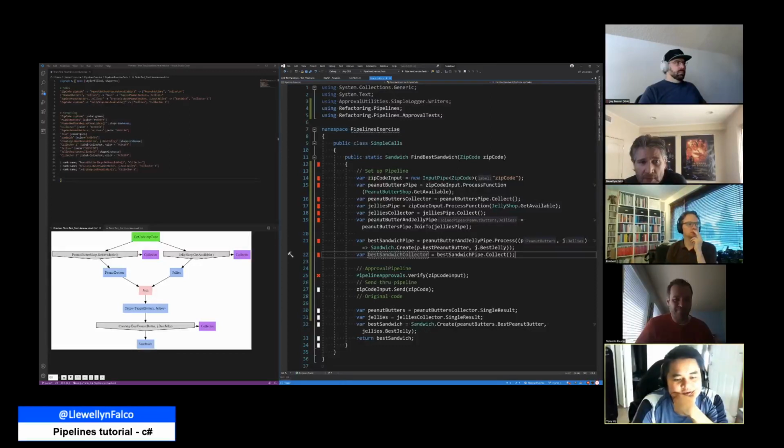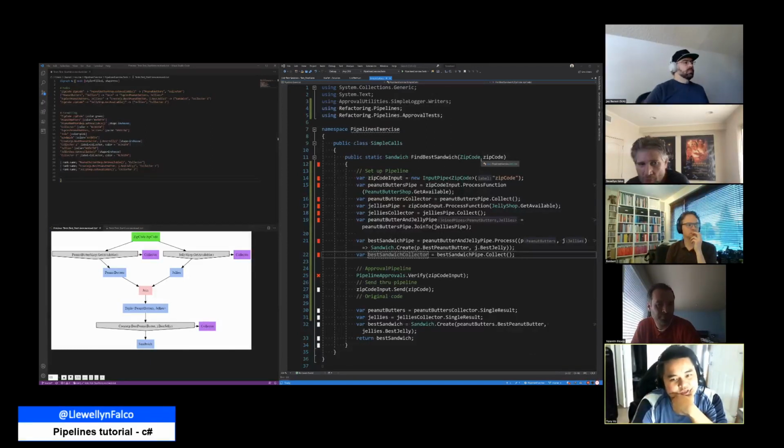The diagram is telling us that we can buy both the input, and then from that input, as long as we pass in the peanut butters and jellies, the tuple, it will come back and give us the sandwich, which I think is correct based on our assumption. But I'm curious, what if we don't do the join and we run the pipeline approvals?